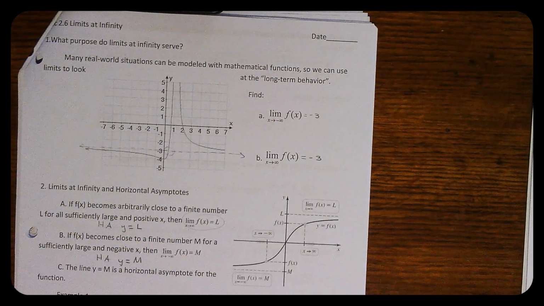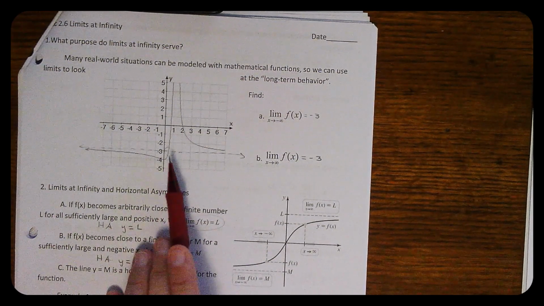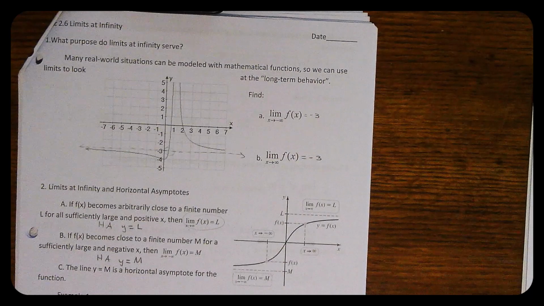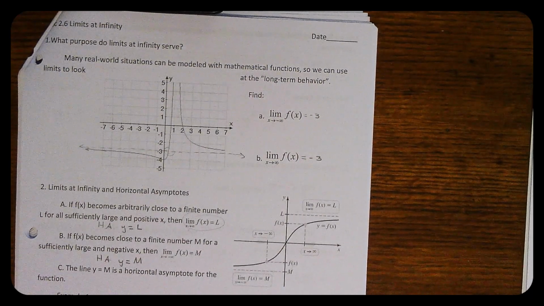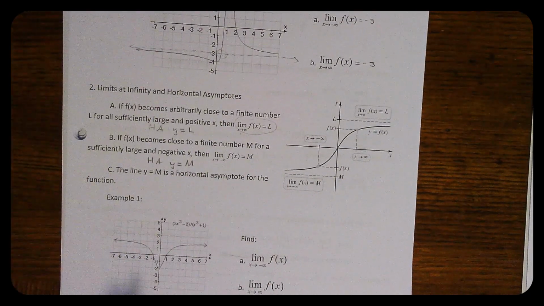another horizontal asymptote. So we get here that you could have two horizontal asymptotes. If you go to the right and there's one, and you go to the left and there's another, you could have one like this one, or you could have 0 horizontal asymptotes. Okay, so example 1, here we've got this function.